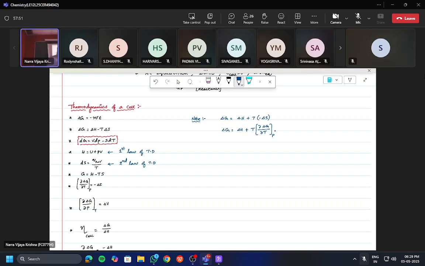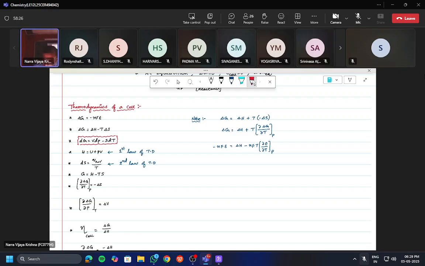Instead of delta G, can I substitute minus NFE? Then what is this equation? Minus NFE equal to delta H minus, instead of delta G, if I substitute minus NFE, NF is constant. So what you got? Minus NFT dou E by dou T at constant P. Can I write like this?